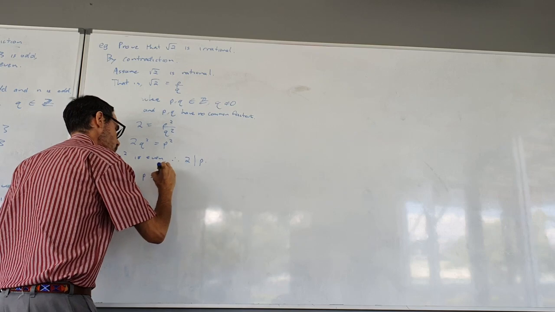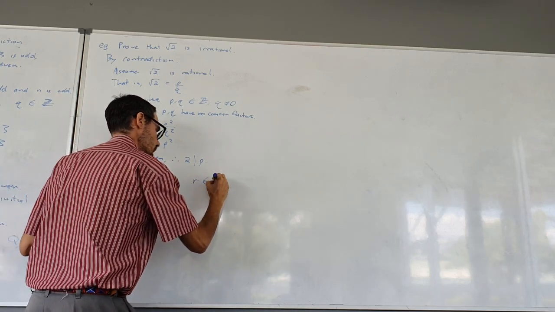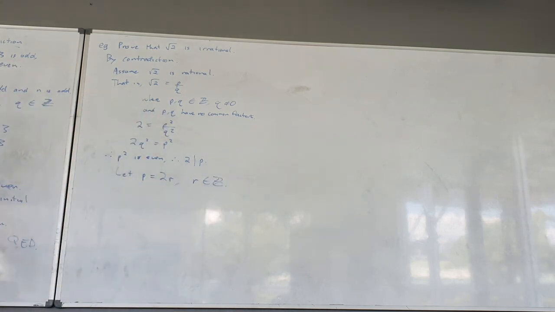Let p equal 2r for some integer r. If p is 2 times something, let's work out what the something is.